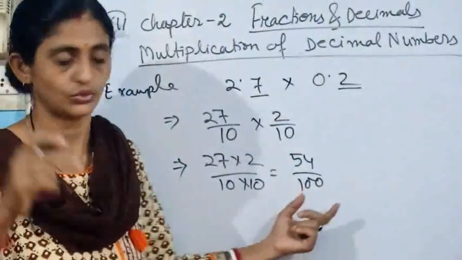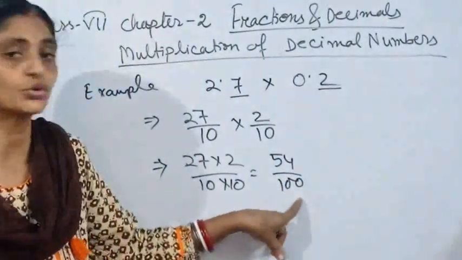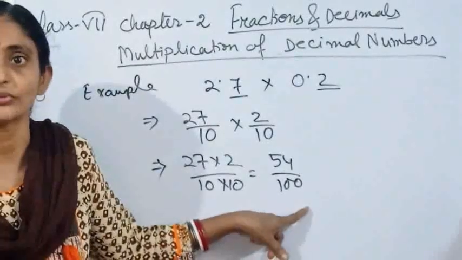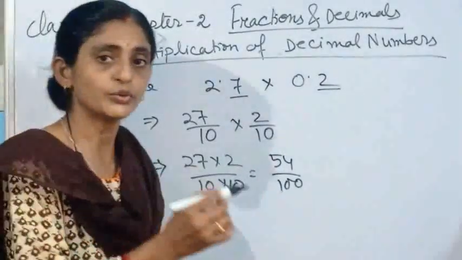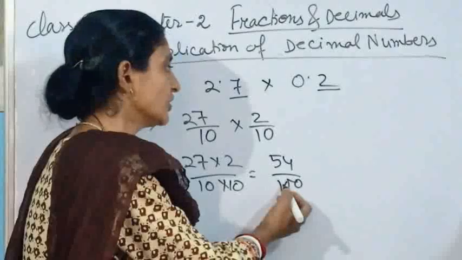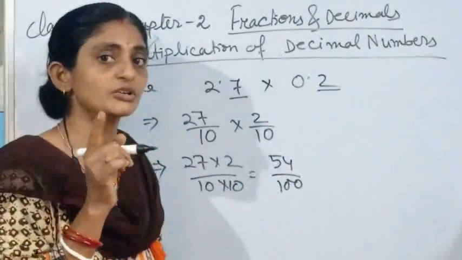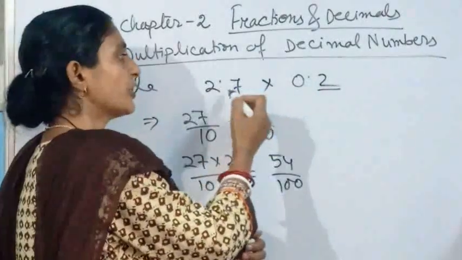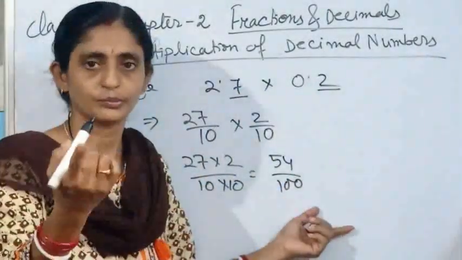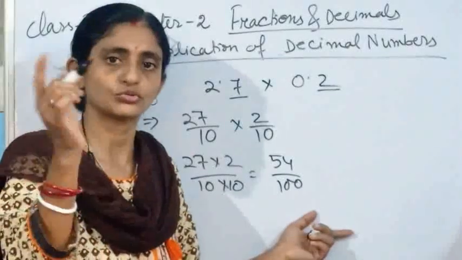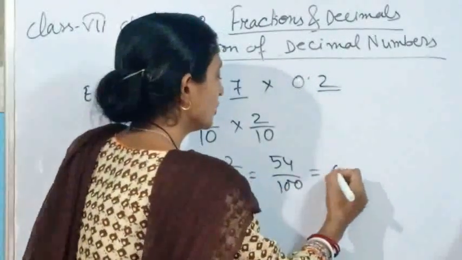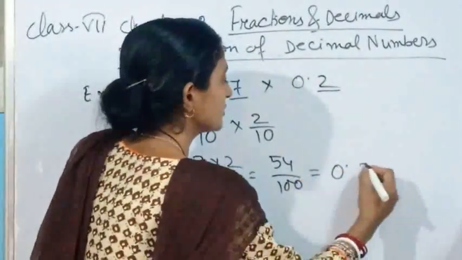You will count the zeros, that means the power of 10 given here. Here you can see it has two zeros, and based on that we put the decimal. As these two numbers have two decimal places, the product also has two decimal places.